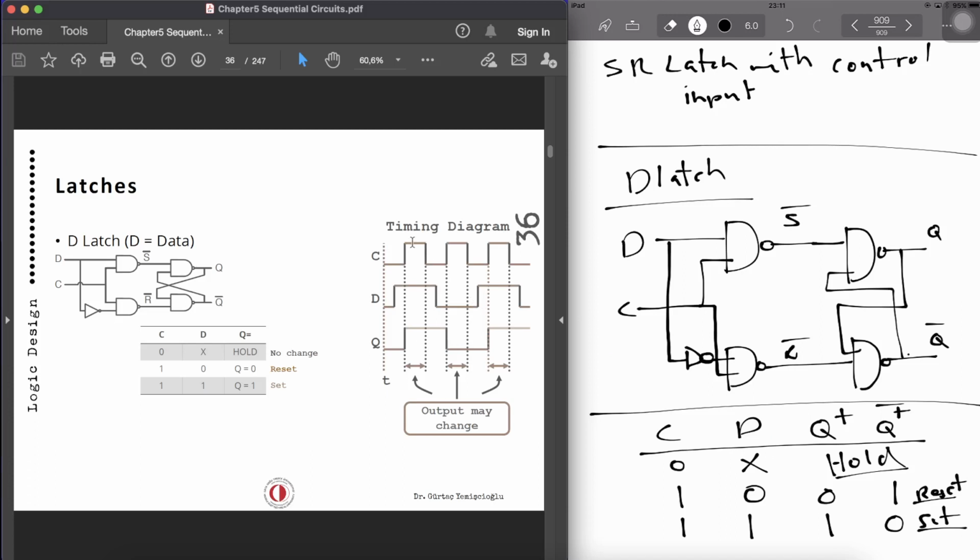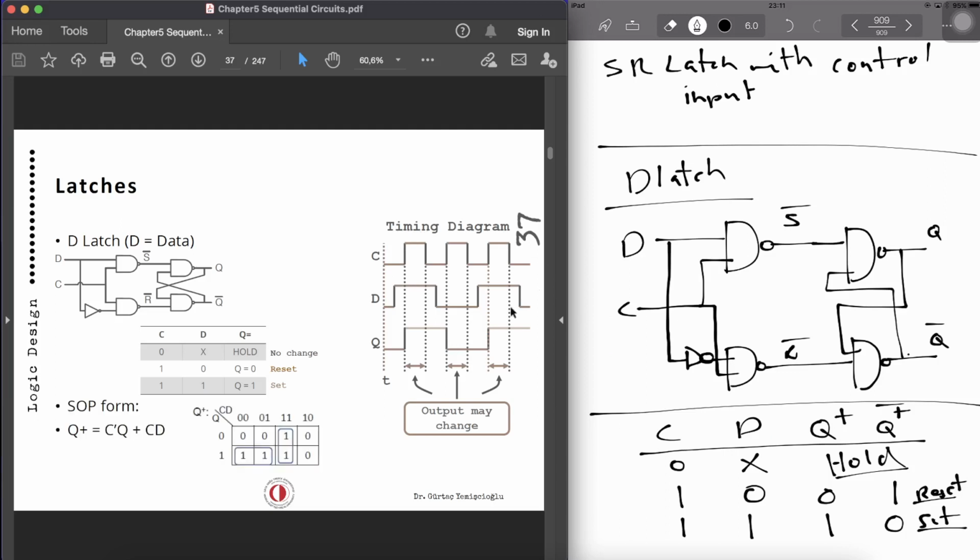Now this is called level triggering. Output can change based on the input data D when C equals 1. That means the logic level 1 at the C input triggers the D latch. That's level triggering.